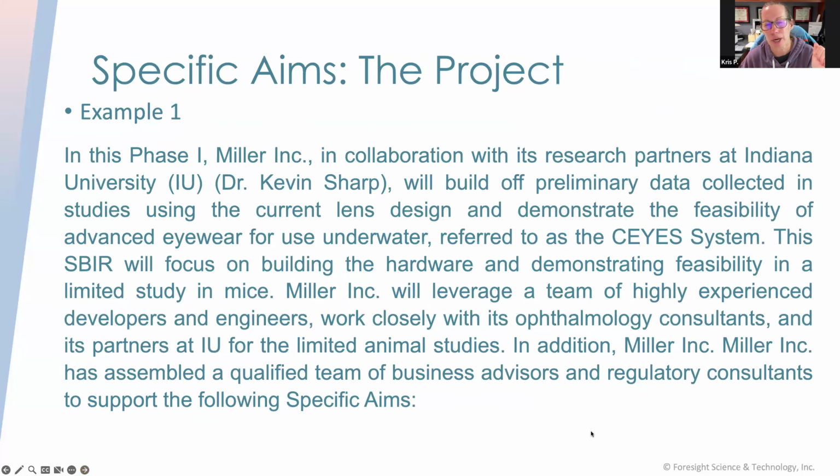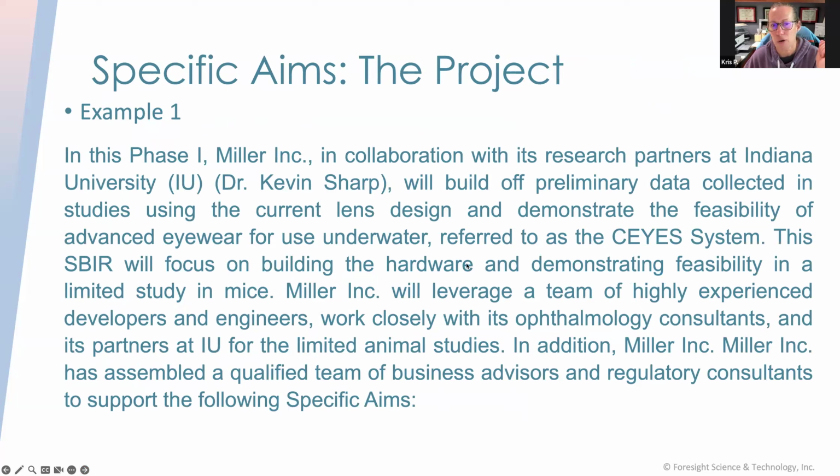Here's an example of that paragraph. We say that they're going to collaborate with their research partners at this university, Dr. Kevin Sharp, and they're going to build off preliminary data. So this is also where we put if you have preliminary data. So we're telling the reviewer right now, we've already got preliminary data. So that's exciting to the reviewer.